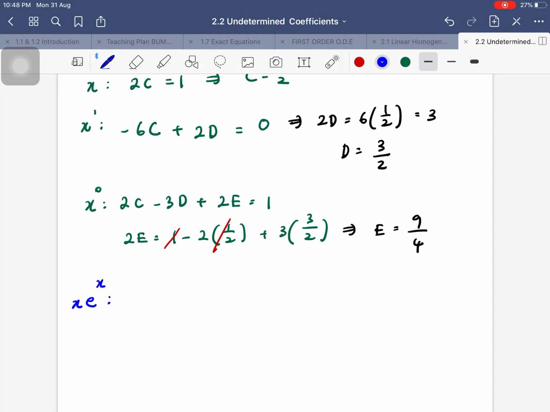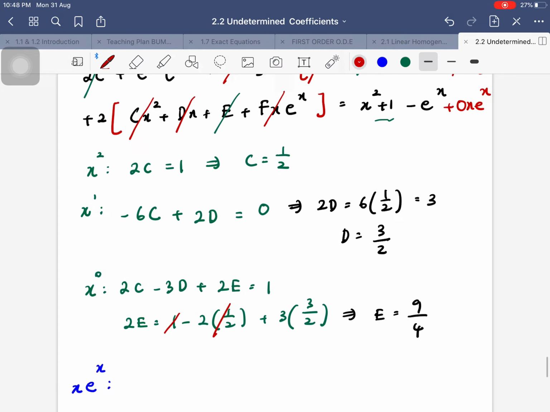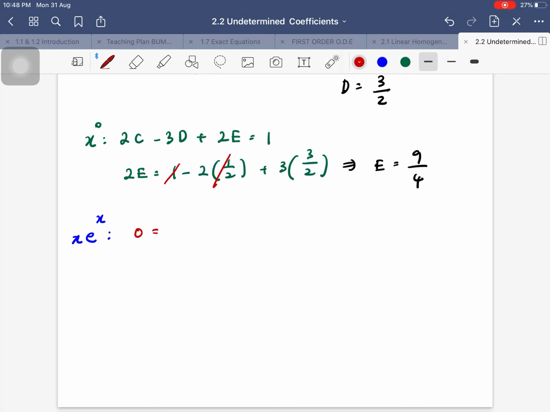For x exponential of x, this is going to be f x, and this is going to be minus 3f x. And I plus 1, so that is going to be negative 2. And this is plus 2, so automatically it's going to be 0. And I have 0 on this side as well. Okay, so I verified that. The left hand side is equal to 0, the right hand side is also equal to 0. So that is correct. So my calculation is correct.